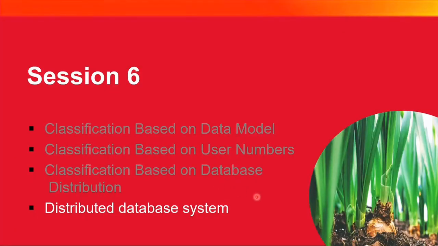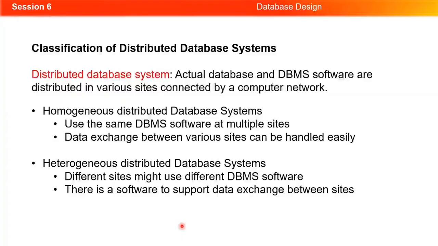This is video 9. We are still in session 6, and in this video we are going to discuss fully distributed database systems. Databases can be classified again by their distribution, and here we are discussing fully distributed database systems where the actual database and DBMS software are distributed physically in various sites and connected by a computer network.